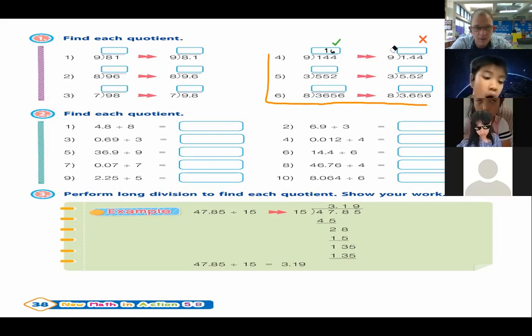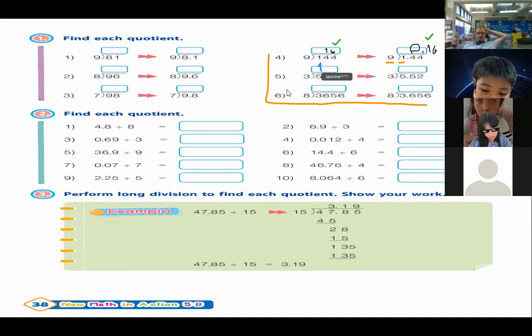Why? Let's look: the 9 is bigger than the 1. So our answer cannot be bigger than 1. Our answer has to be smaller than 1: 0.16. Excellent. What about 552 divided by 3?